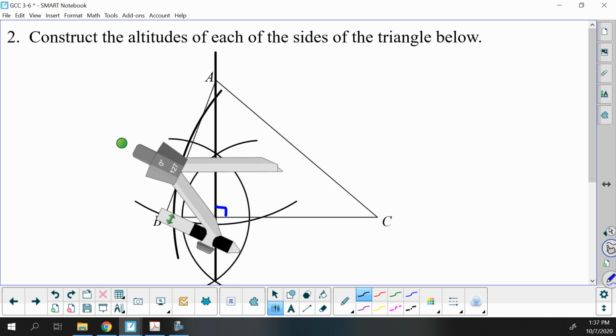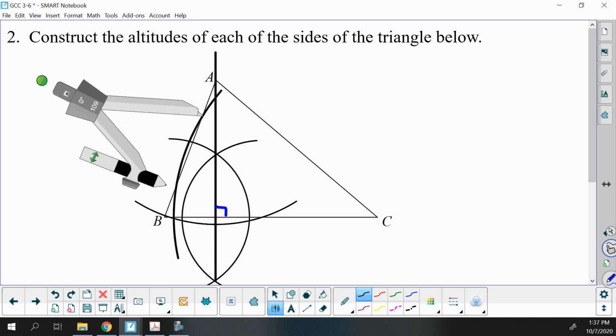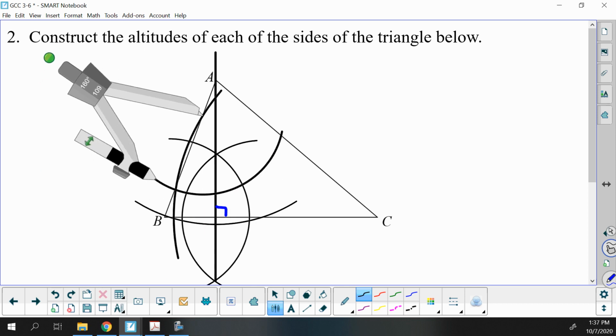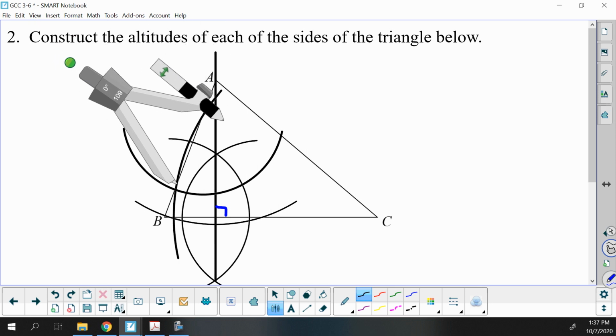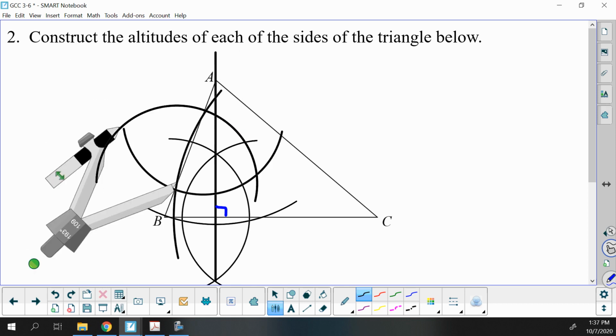And then we're going to put point on the intersection. And just make sure you're open over halfway of the side. Swoop it up and swoop it down. And then we're going to flip-flop it. So put your point on the intersection. Swoop it up and swoop it down.